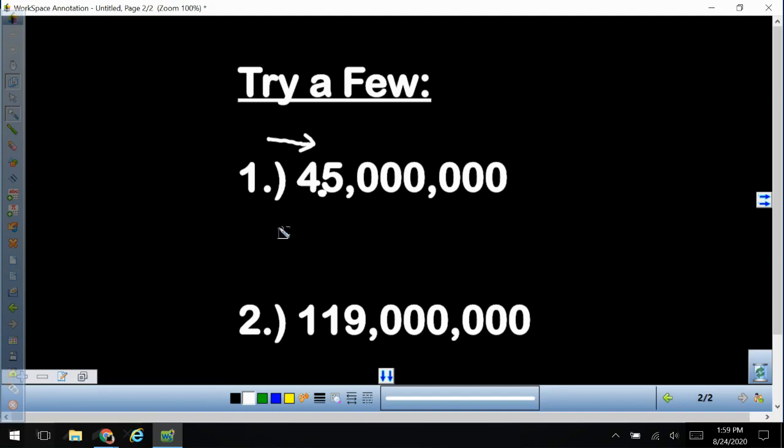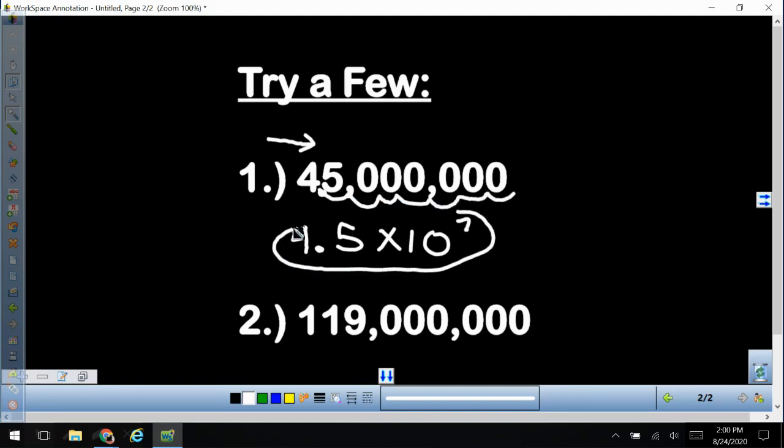So I'm going to put the decimal behind that. I'm going to rewrite that as my coefficient, 4.5. And I'm always going to have my times 10. And what's going to go here? What's my exponent going to be? Well, how many times did I move the decimal? 1, 2, 3, 4, 5, 6, 7 times. So my answer is going to be 4.5 times 10 to the 7th power.